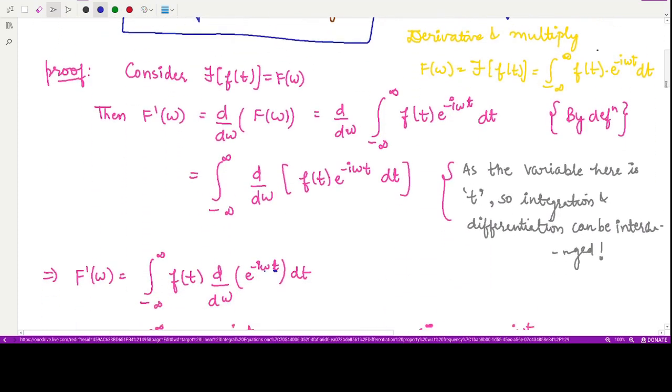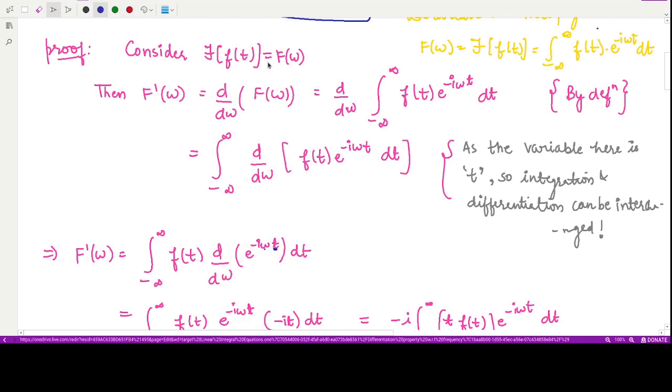When you have the first order derivative, suppose the Fourier transform of the function f of t is capital F of omega, so we can write down the definition of the Fourier transform of f of t, which is this one. Accordingly, our first derivative becomes d by d omega of capital F of omega.